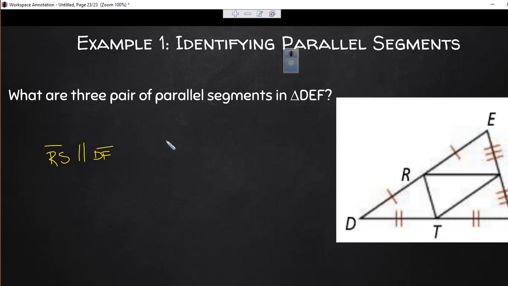And then the other one, let's go around the middle of the figure. Let's take RT. RT is going to be parallel to which side? Well, it's going to be parallel to this side over here, which is EF, which means EF is its third side. And then our last one, the other side in here, ST. ST is the other midsegment, and it's going to be parallel to the side DE.